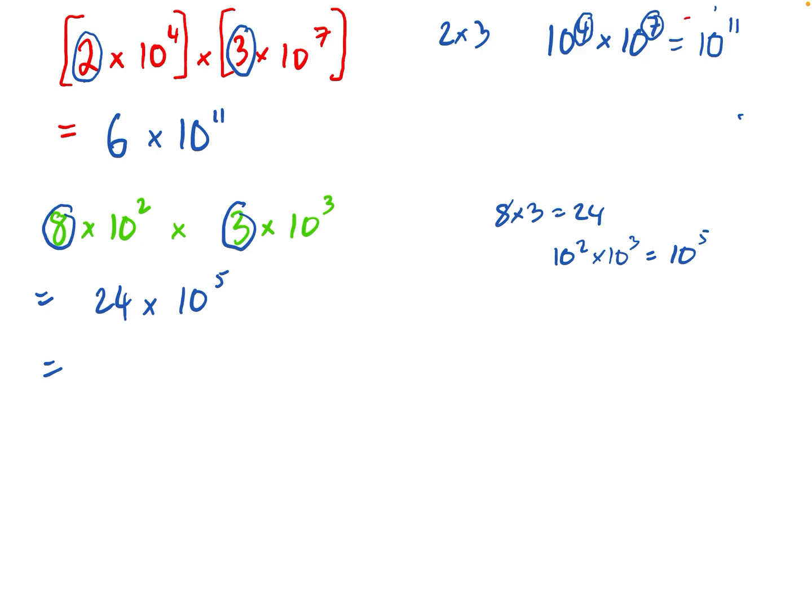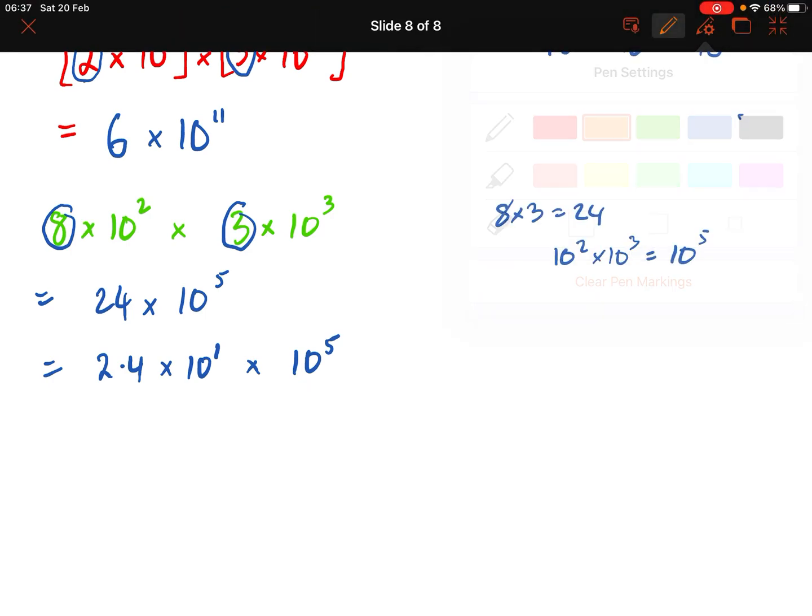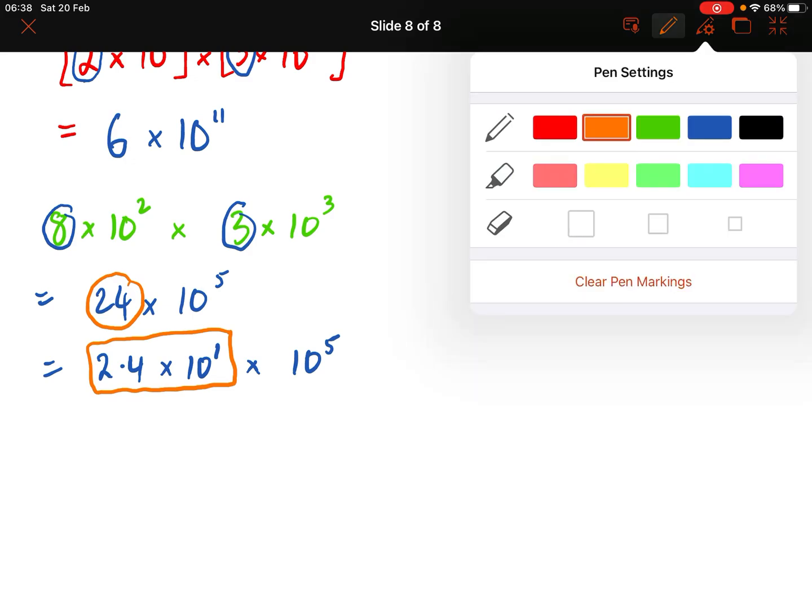So let's change the 24 into standard form. That would be 2.4 times 10 to the power of 1. And then times that by 10 to the power of 5. So, just to demonstrate, this bit is the same as this bit, and then we're still multiplying those bits by 10 to the power of 5.